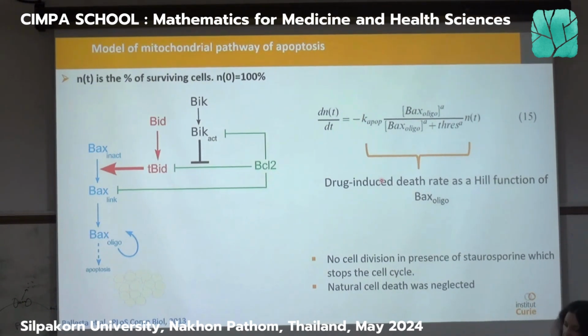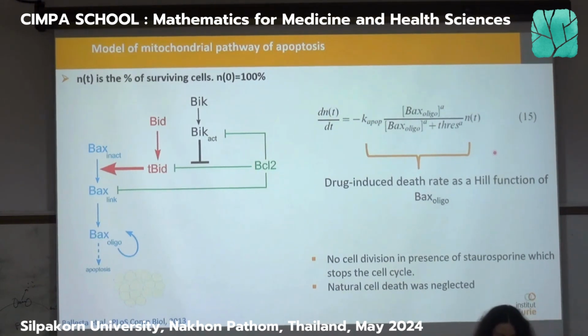Here we assume that the cells do not divide, so the cells cannot grow, they can only die. And they will die with a rate that depends on BAX oligo in a type of function which we call a Hill function, which is more or less the same thing as the Emax function I showed you yesterday.